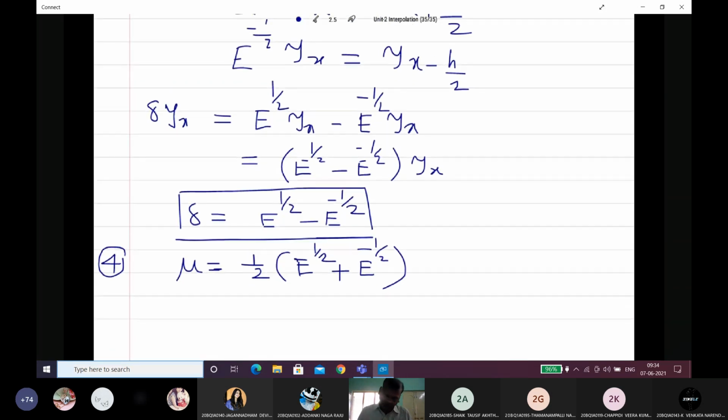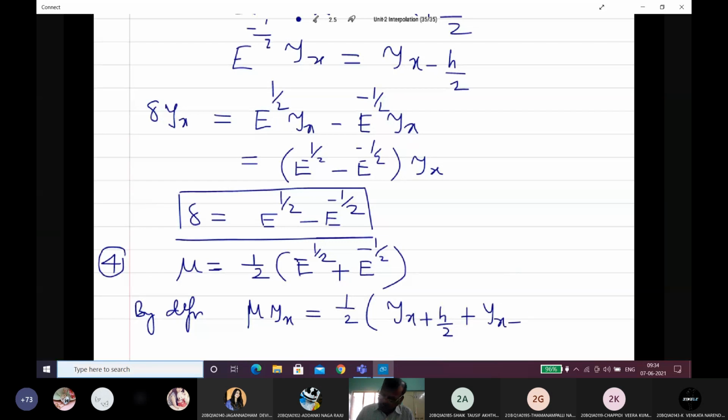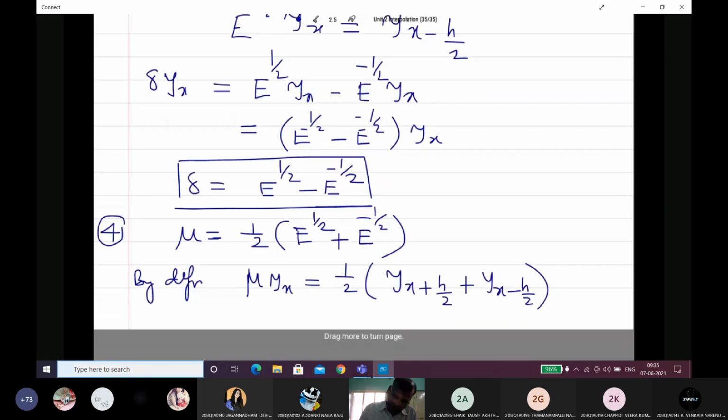By definition of mu, mu of yx is equal to, what is the formula? 1/2 of yx plus h/2 plus yx minus h/2. Already we know yx plus h/2 is equal to E power 1/2, and yx minus h/2 is equal to E power minus 1/2. That we have to write on the next page.